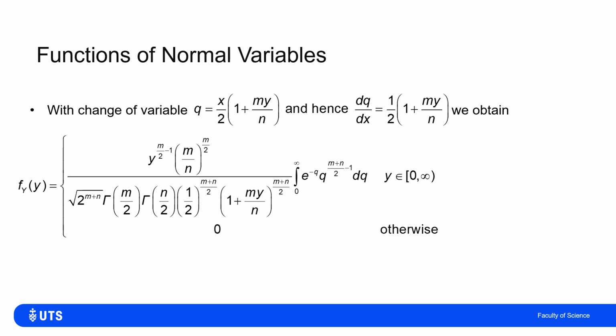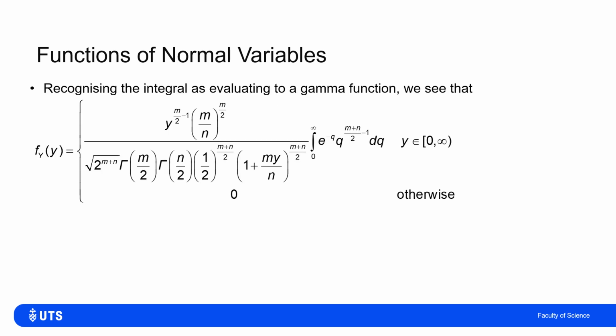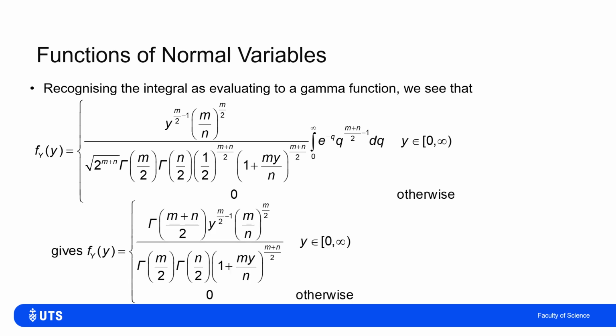But we will see that if we work through these integrals, we'll get to a gamma function at the back again, just as we did when we worked with deriving the density of a t distribution. So replacing that back term, the gamma function, I will get to this beautiful statement.